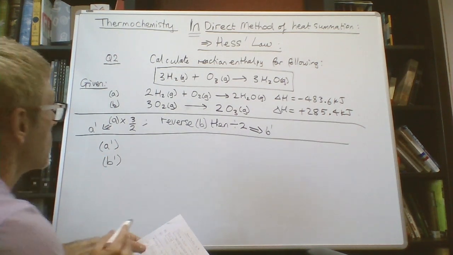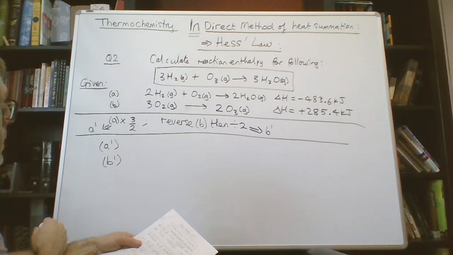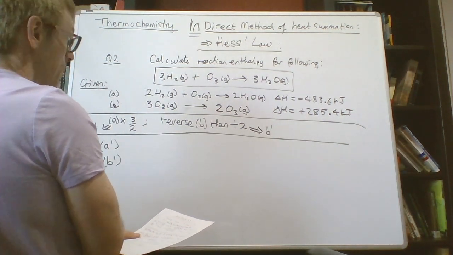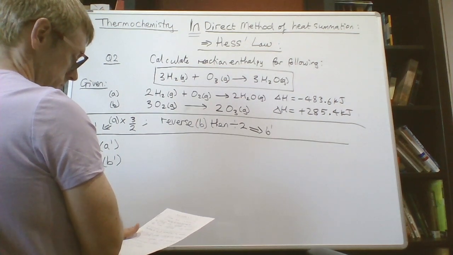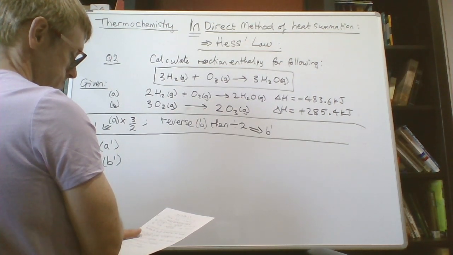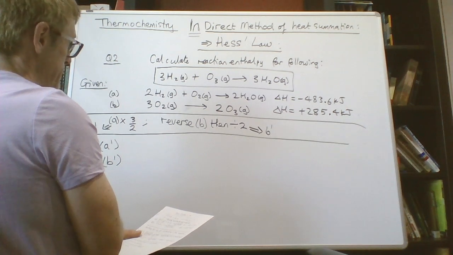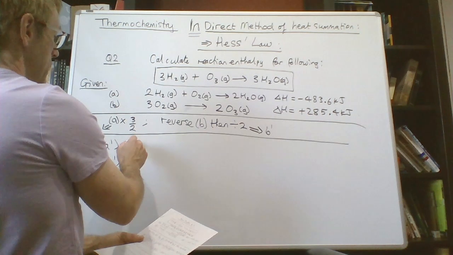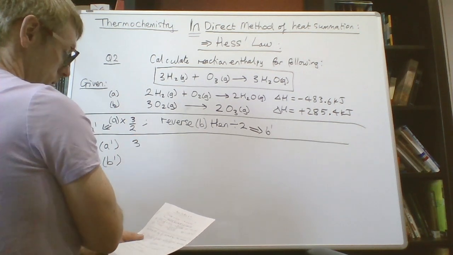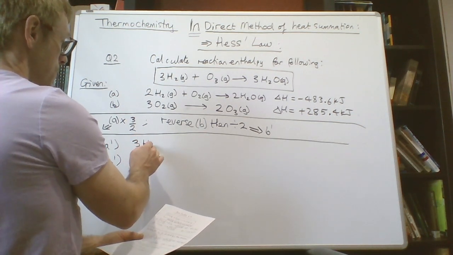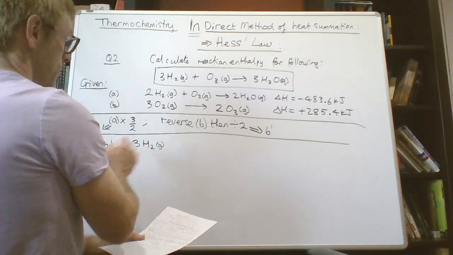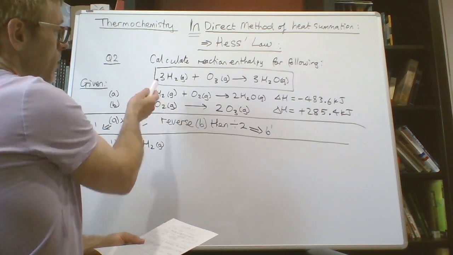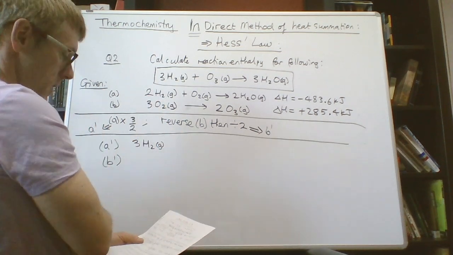So A prime, I'm multiplying it by 3/2. Okay, so I've got 2H2 multiplied by 3/2. So that's going to give me 3H2. 3/2 is 1.5, so I'm multiplying 2 by 1.5, which gives me 3.